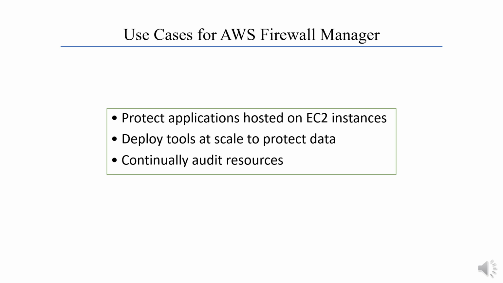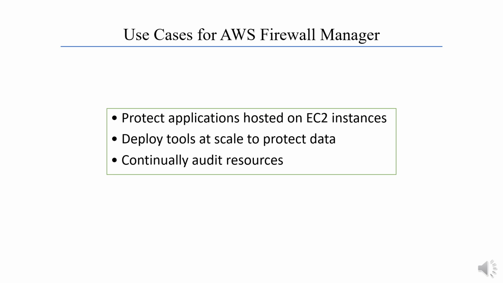Now let's talk about use cases for AWS Firewall Manager. AWS Firewall Manager supports the following use cases, which cover the needs of a broad category of customers: protect applications hosted on EC2 instances, deploy tools at scale to protect data, and continually audit resources.